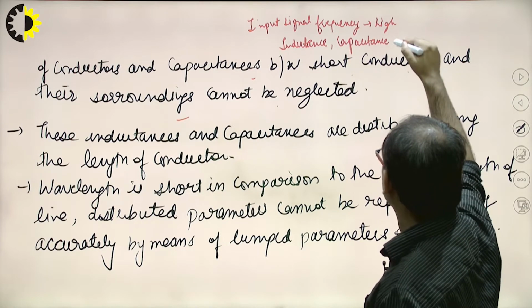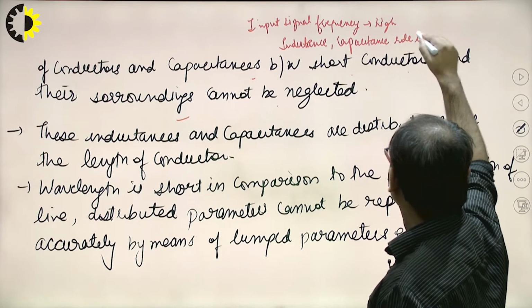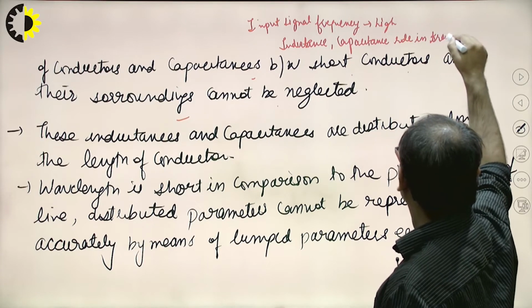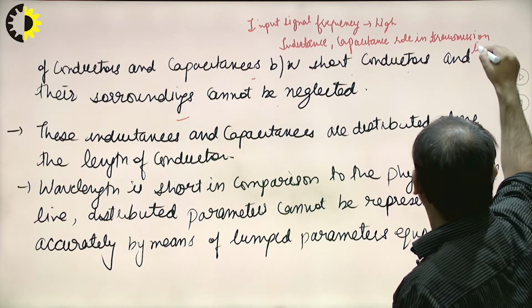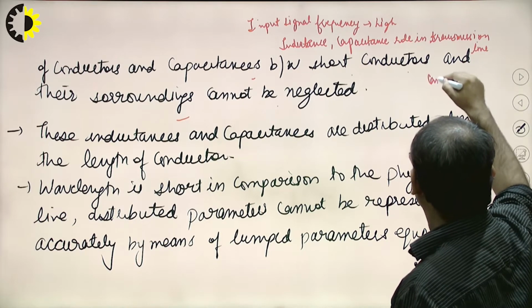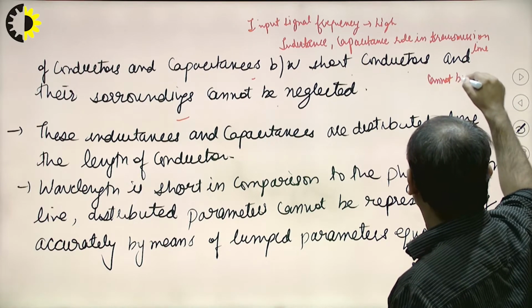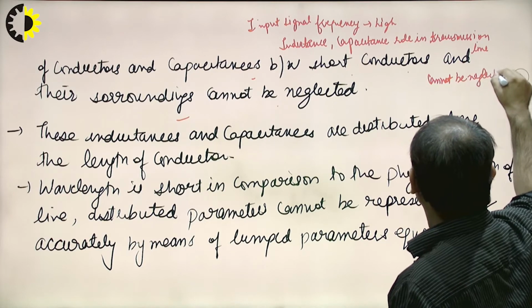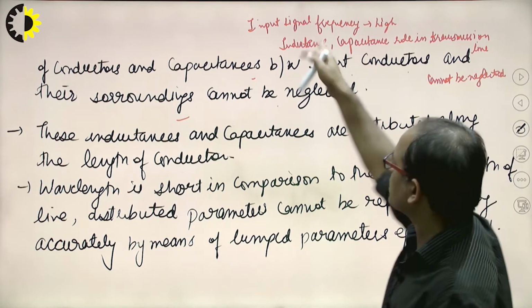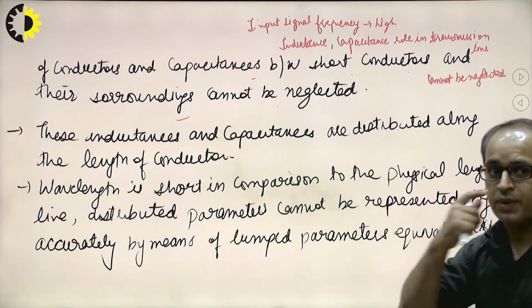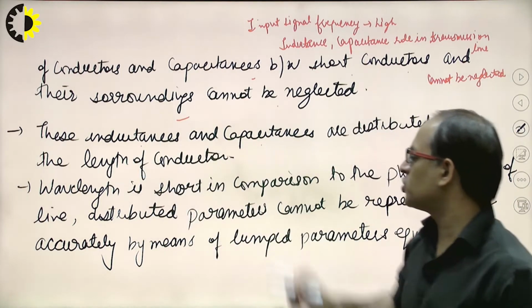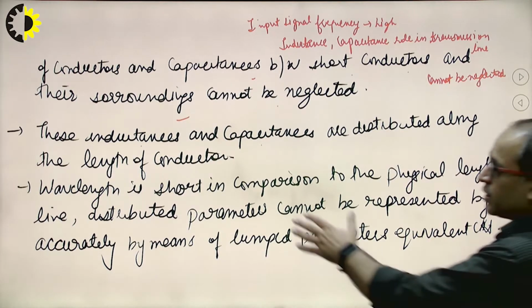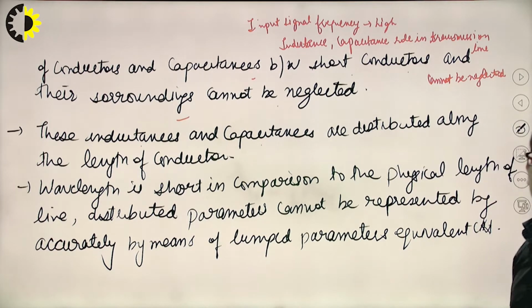Inductance and capacitance's role in a transmission line cannot be neglected. This can be neglected when the input signal frequency is very low. Clear? So that's why these inductance and capacitance play an important role in the analysis of a transmission line.